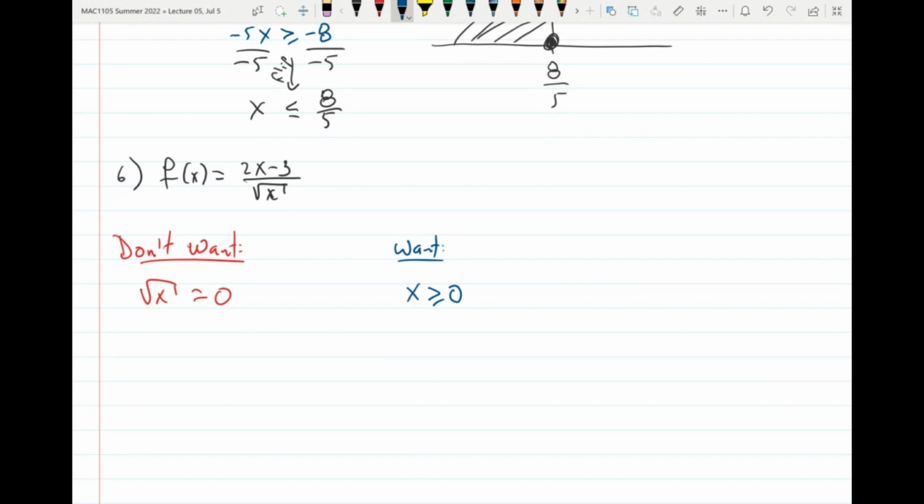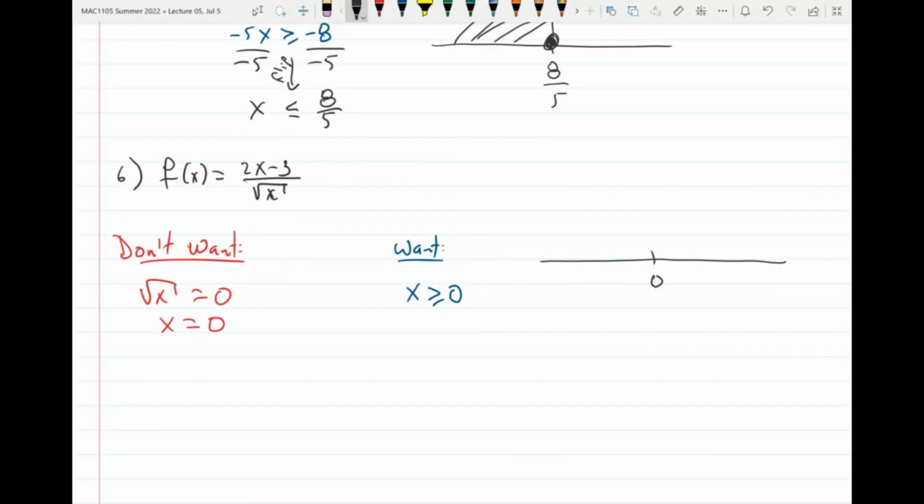So here everything is mostly solved already. We just need to square both sides, so you get x equals 0. I need x to be greater than or equal to 0, because of the square root. But I also don't want x to be 0, because of the fraction. So we need to make some adjustments. What we do is draw a picture and put all the information on it.